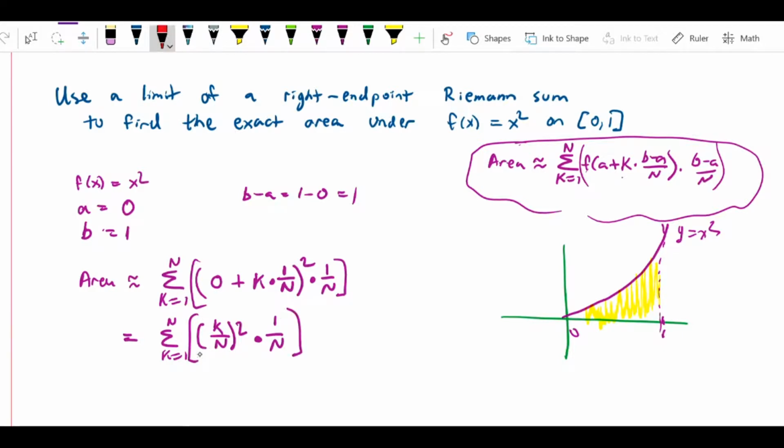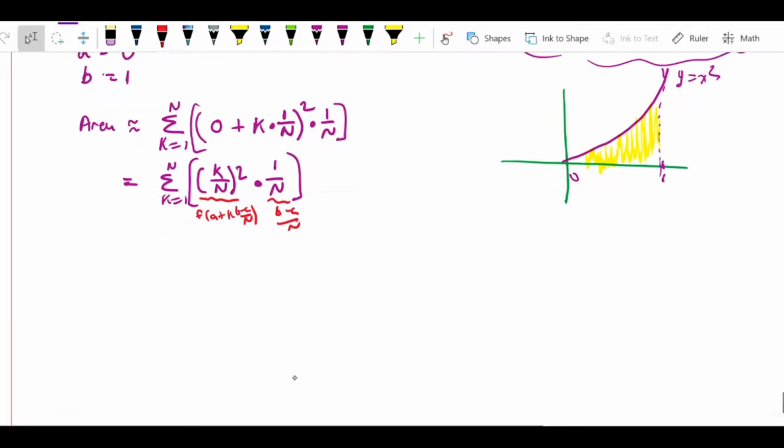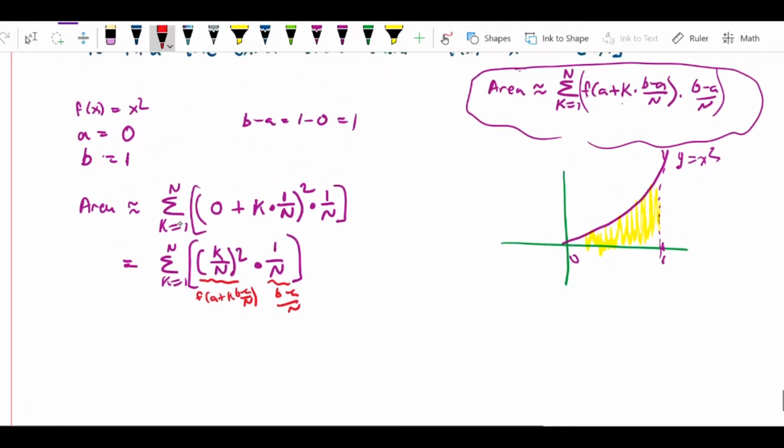Just to be clear, this is f of a plus k times b minus a over n, and then this is b minus a over n, right there. Okay, so this is the formula for the area approximation using n rectangles.